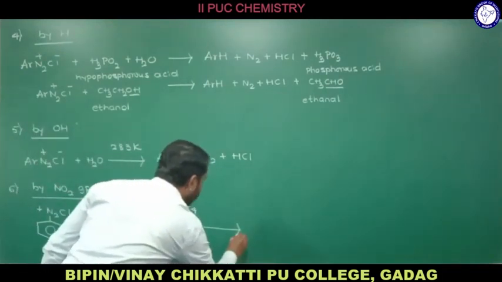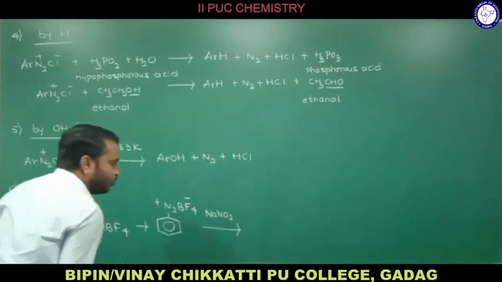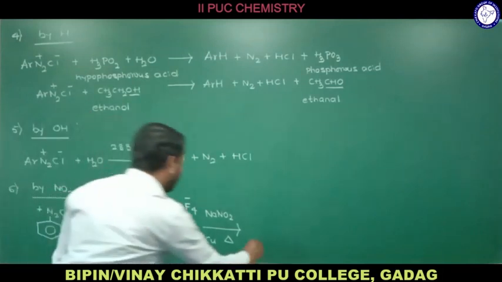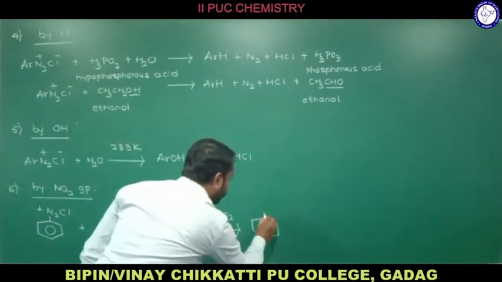What we have to do? We have to add sodium nitrite, that is NaNO2, in the presence of copper, and we need to heat that, and during this reaction there will be introduction of the NO2 group.